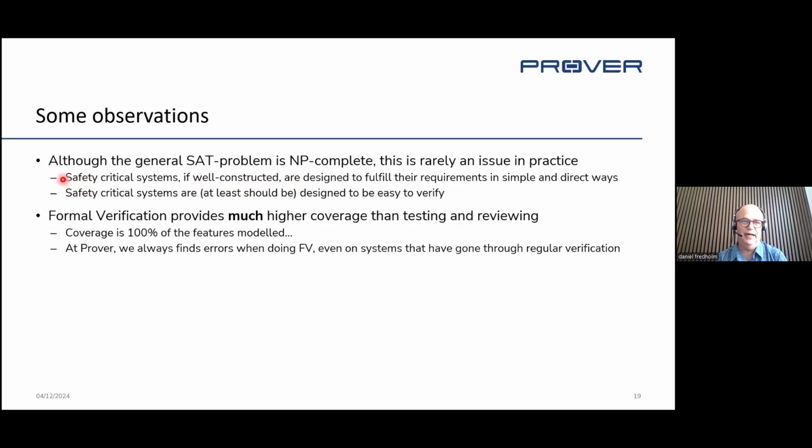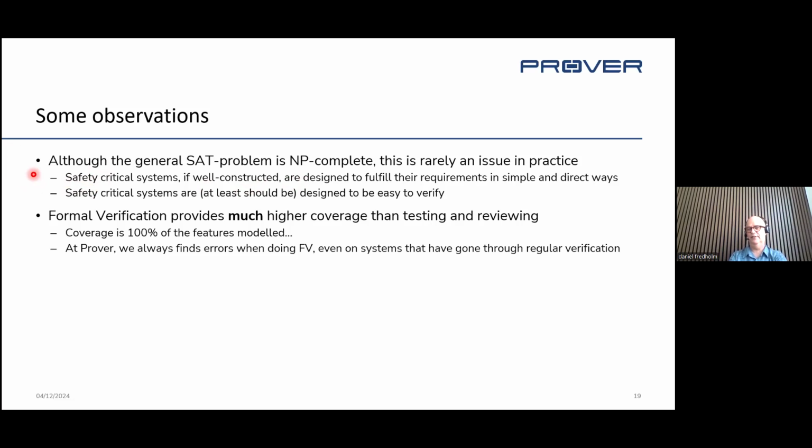And the reason, I think, and this is a bit of a hypothesis, but I think most will agree that safety critical systems, if they actually are well constructed, and most of them are, are specifically designed to fulfill their requirements in a simple and direct way.